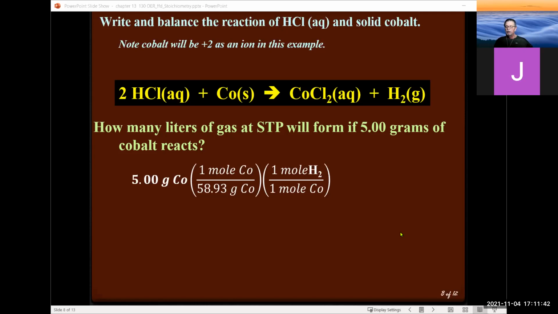And since we are at STP, we need just one more factor that would give us the volume. So notice our units, keep track of your units, they're canceling out, leaving us with units of liters. And this is what they're asking for. So now you just plug that number in your calculator and you should come up with 1.90 liters of hydrogen gas.